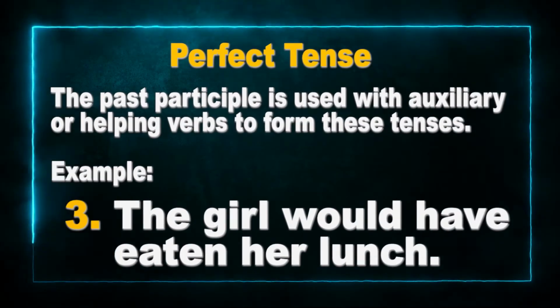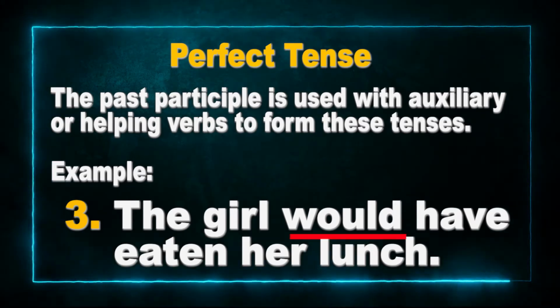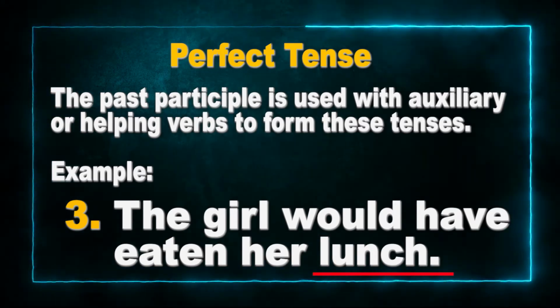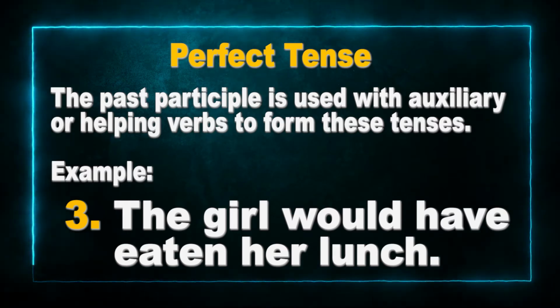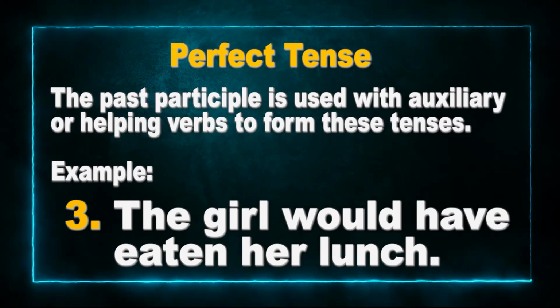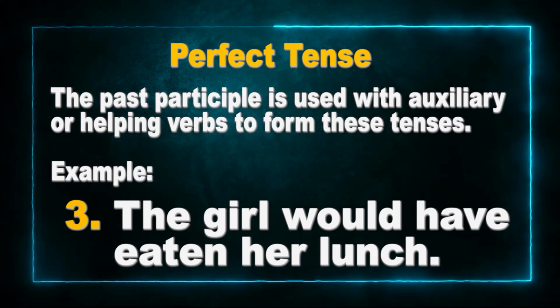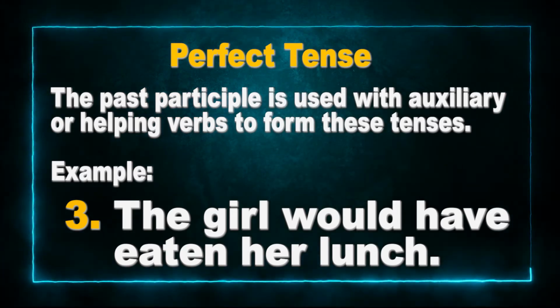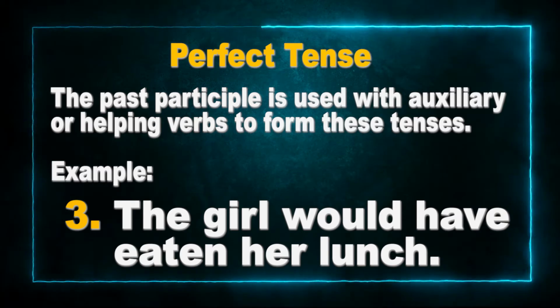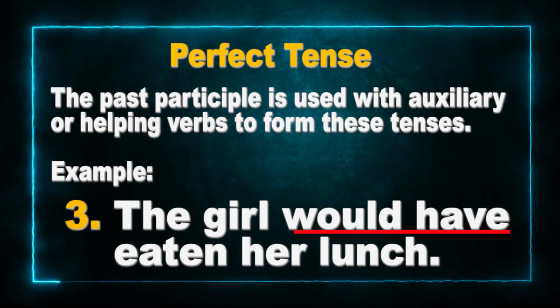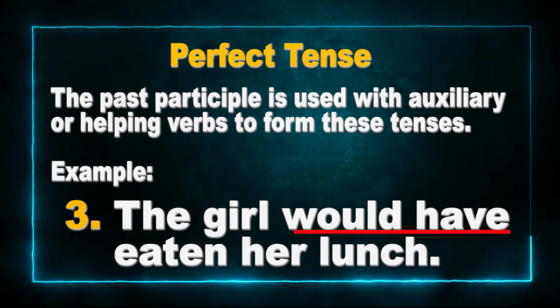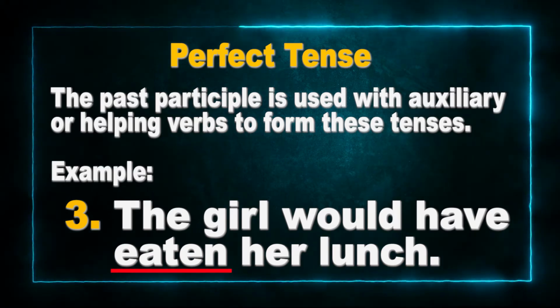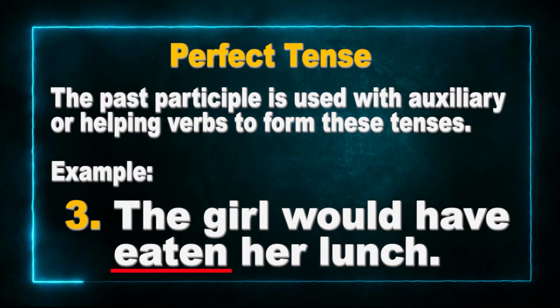Also, we can have, the girl would have eaten her lunch. In this example, the action refers to something that might have been completed if something else had or hadn't happened. So we have would have, auxiliary verbs, and eaten, past participle.